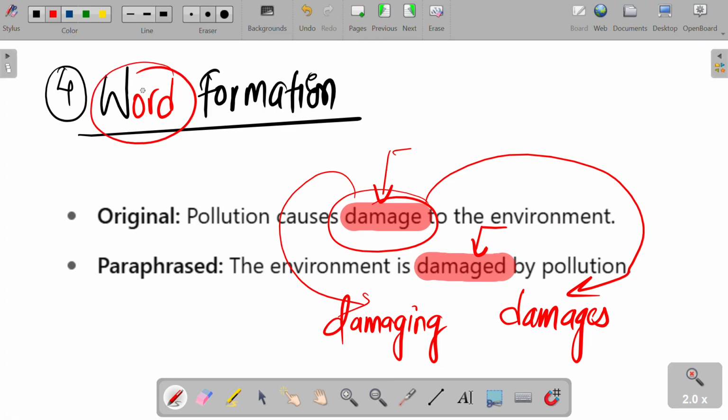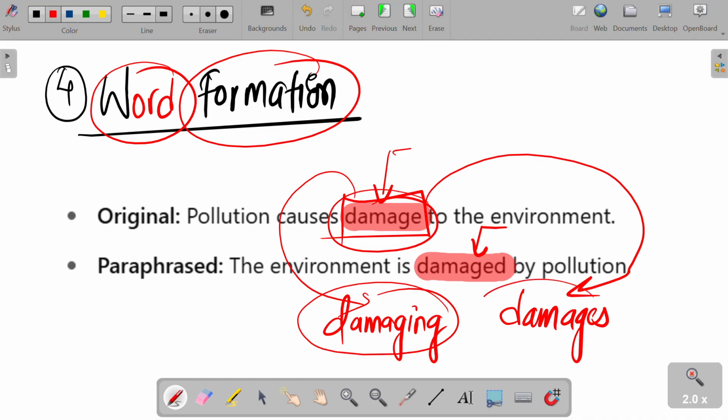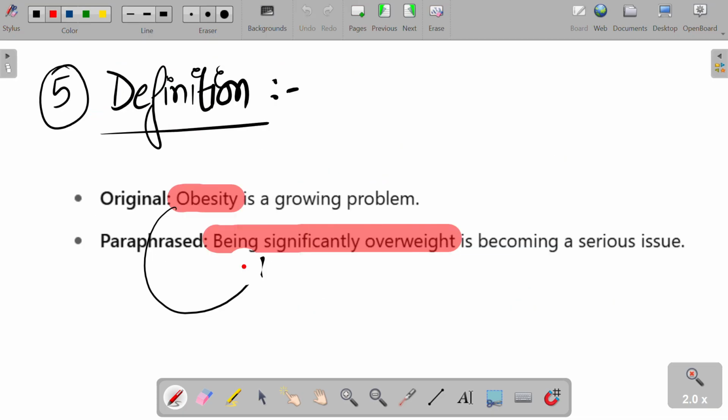But when we talk about word formation, it's more about changing the given word. So this is another way in which you can paraphrase the question. You just change one of the very key words into another form. You change the word formation of one of the words being used.